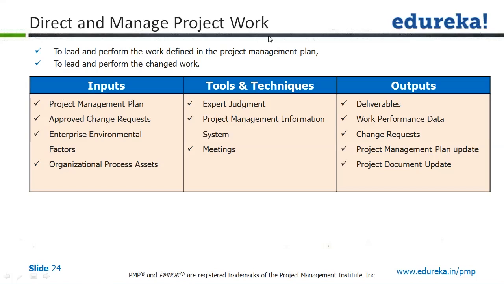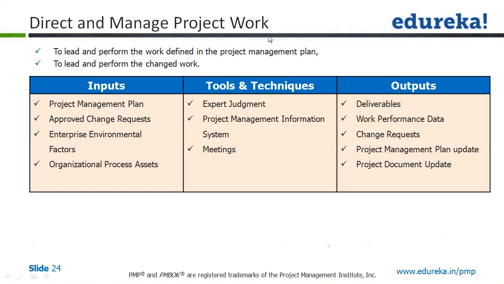The third and fourth inputs are enterprise environmental factors, EEF, and organizational process assets. Another input which has been added here is an approved change request. Why an approved change request?